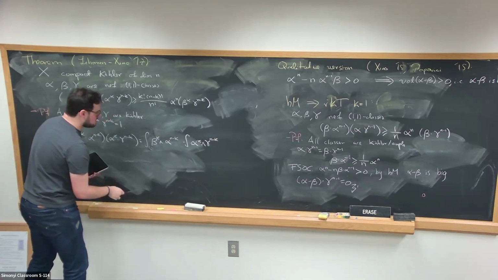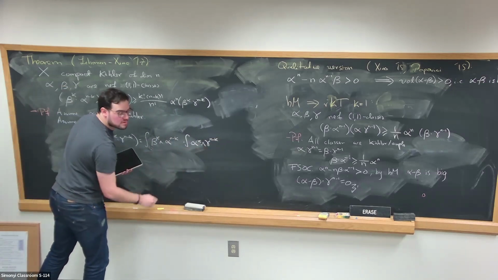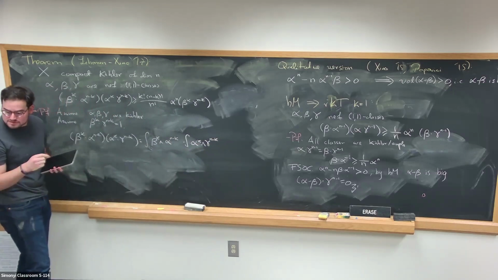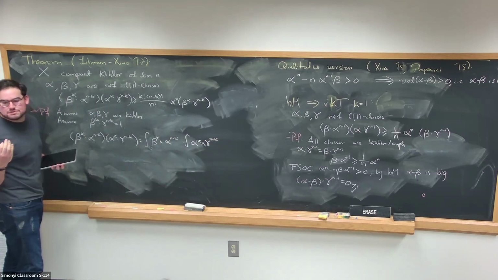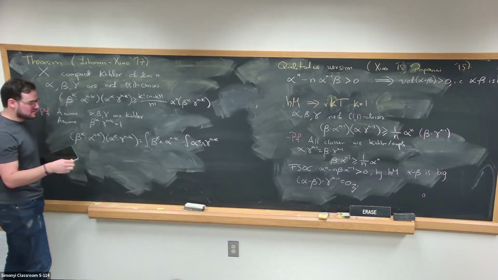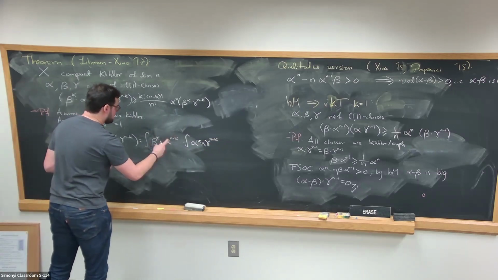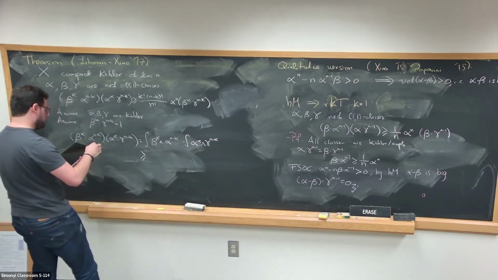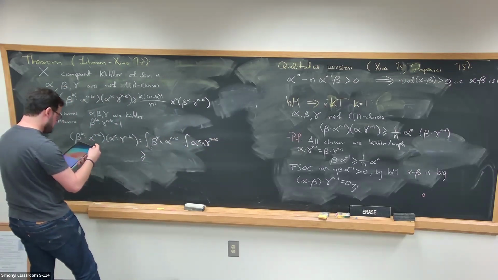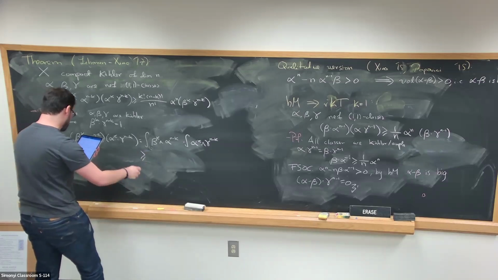And so these are just two continuous functions. And so we actually have a usual Cauchy-Schwarz inequality with the integrals of positive continuous functions on a compact set.